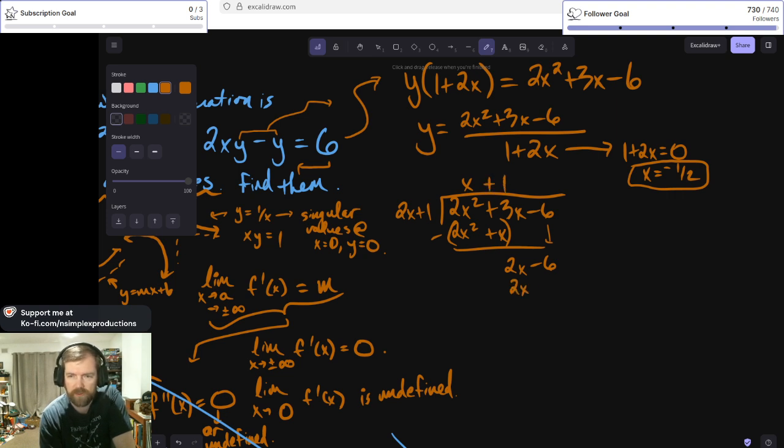And that's going to be a 2x plus 1 subtracted off from 2x minus 6 is going to be a negative 7. So this is a negative 7 over 2x plus 1. So y equals x plus 1 is going to be the slant asymptote.